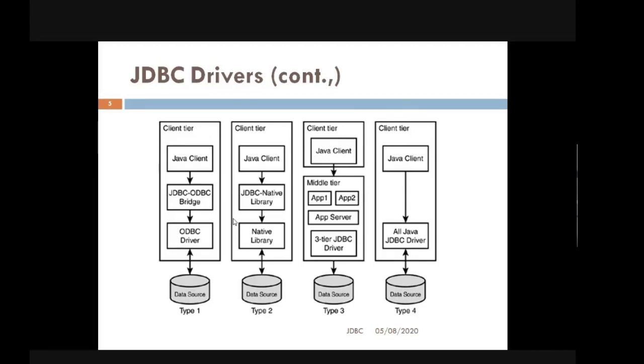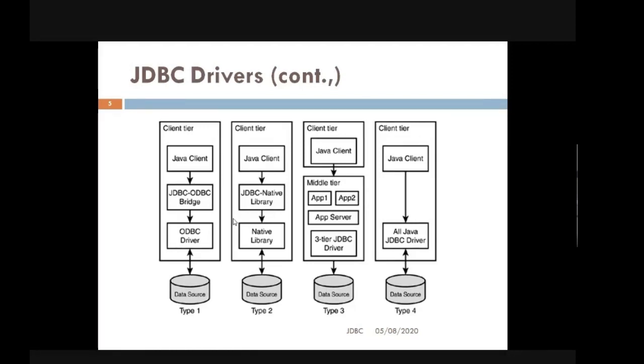Java client represents the Java application. The Java application will be sending the query or the request, which will be received by the middle layer, which consists of the corresponding drivers. Okay, so it will be available at the server side. Whereas in type 1 and type 2, the conversion will happen at the client side itself. Here, the conversion happens at the server side in both type 3 and 4.